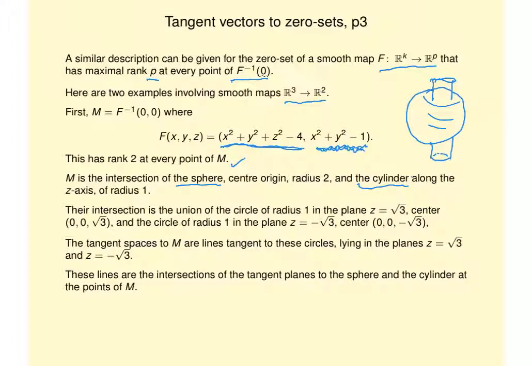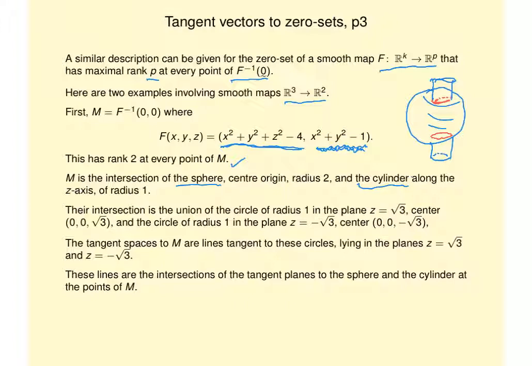The intersection will be the circle up here, and down here, this is hard to do convincingly. Okay. But you can visualize that mentally, I'm sure.